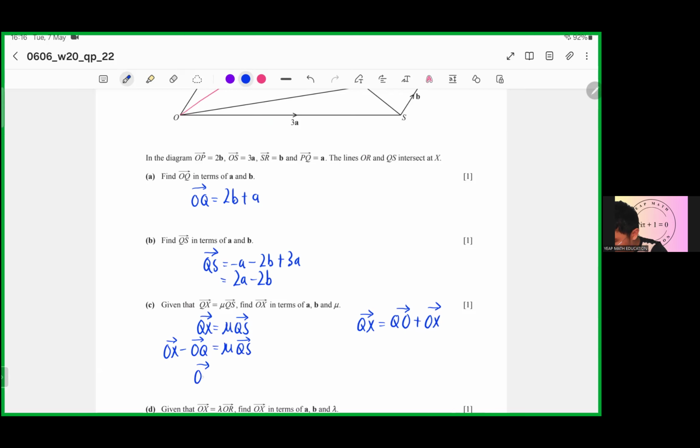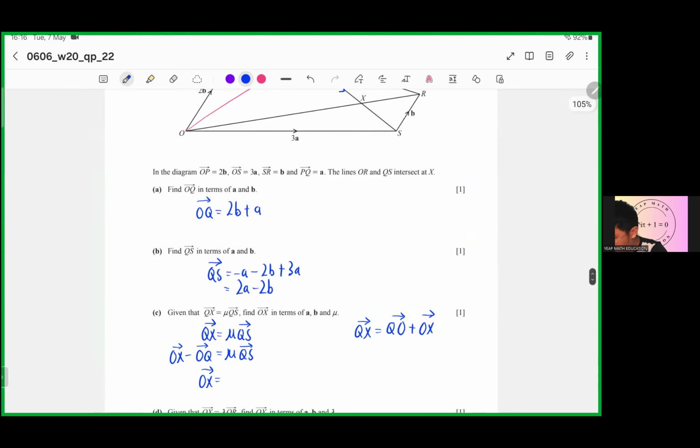So OX equals, okay, OQ 2B plus A plus U, 2A minus 2B.